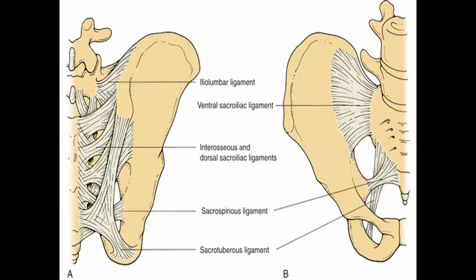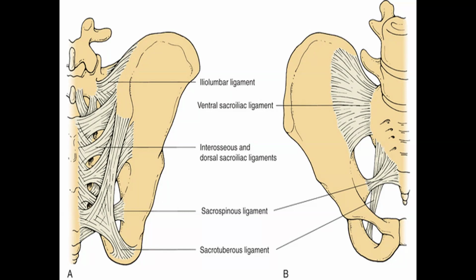Now, we'll jump into the sacroiliac anatomy, which is going to be an important part of this presentation. The sacroiliac joint is a highly ligamentous joint because it's a weight-bearing joint. So it has to be ligamentous, so it can tolerate this body weight and transmit it to the lower extremities.